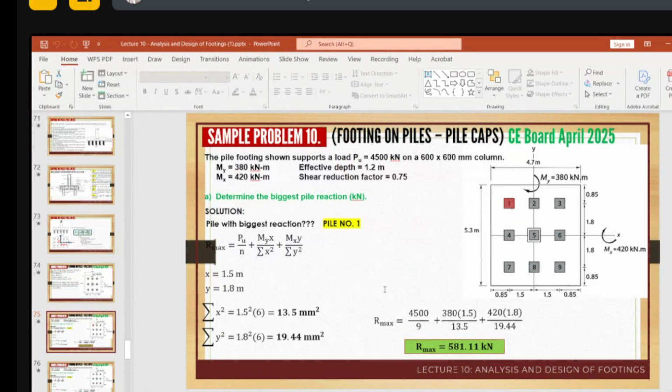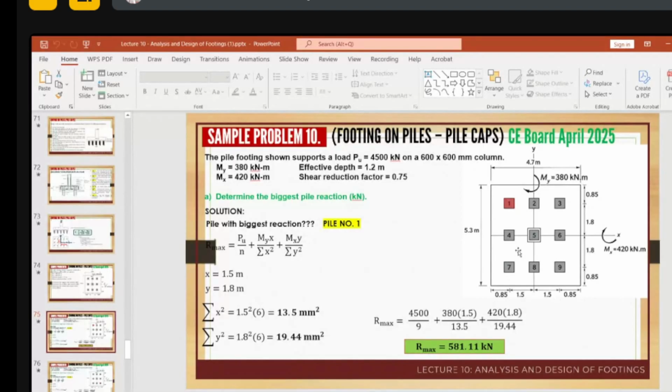If you have 9 piles on plan, to determine the distances, the x distance from the center is 1.5. So, how many piles are at 1.5? 1, 2, 3, 4, 5, 6.